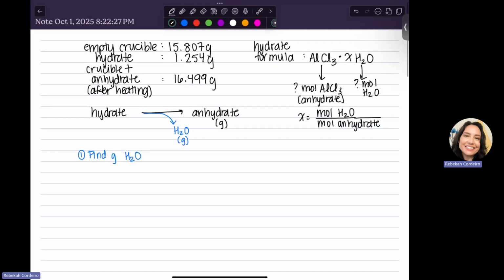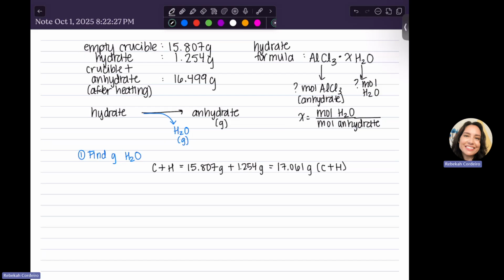So we can take our crucible plus hydrate, which would be 15.807 plus 1.254, and that would give us 17.061 grams. That would be crucible plus hydrate.